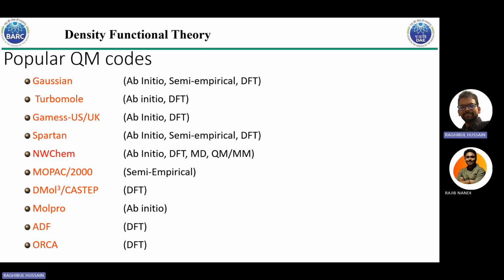Baki is free software. Orca, has anybody heard the name? So this is the popular QM code.